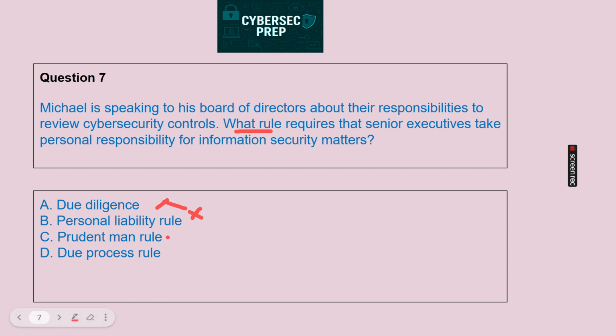So for now, this looks like a correct answer, but let's look at the other option, due process rule. Due process rule is not a rule for ensuring that senior executives take personal responsibility. So it is also not a correct answer. Now the correct answer is option number C, prudent man rule.